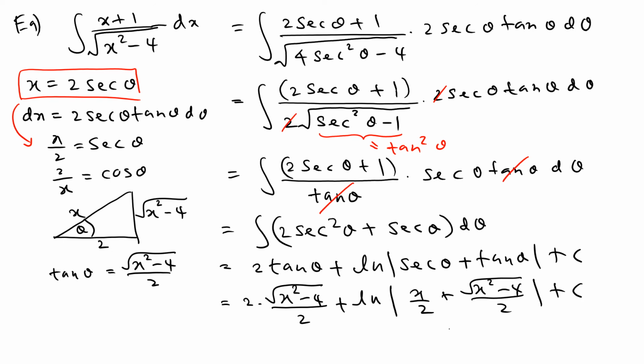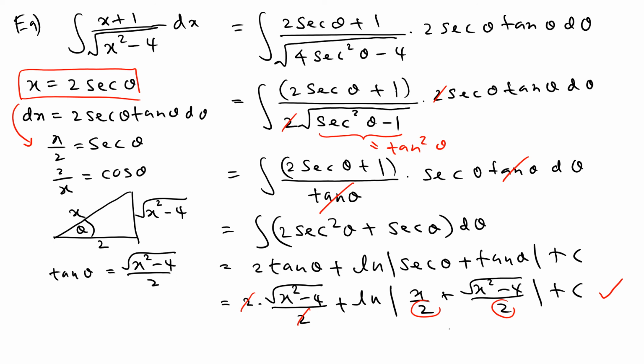Okay, you can consider this a final answer, but you can do some interesting simplification. For example, the 2 gets cancelled, that's one. The other thing is you can see this is a common denominator. Since it's a common denominator, you can combine them, then you get 2 as a common denominator, but now it's a fraction. In the top you have x plus the square root of x squared minus 4, divided by 2.